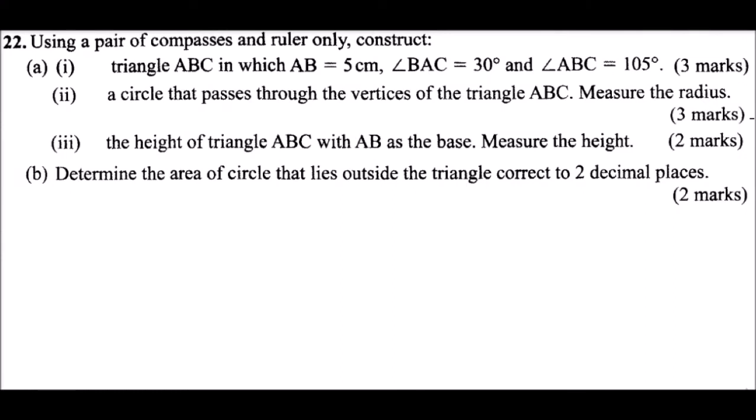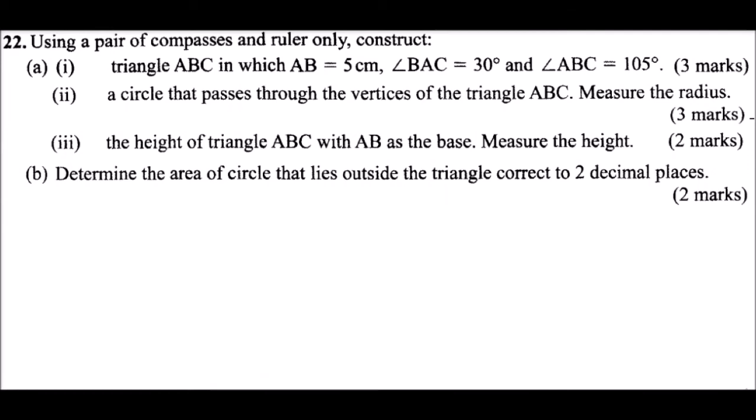This is question number 22 on construction. Using a pair of compass and a ruler, construct, Roman number 1, a triangle ABC in which AB is equal to 5 centimeters, angle BAC is 30 degrees, and angle ABC is equal to 105.